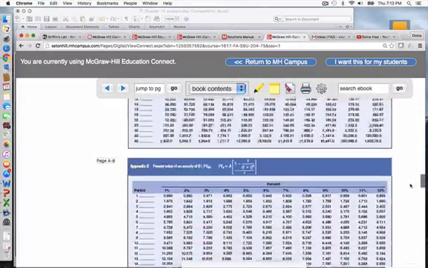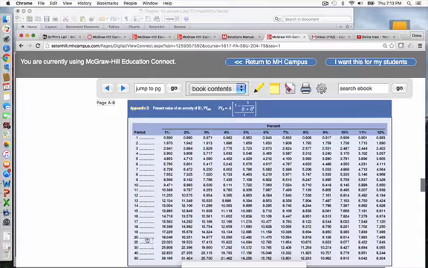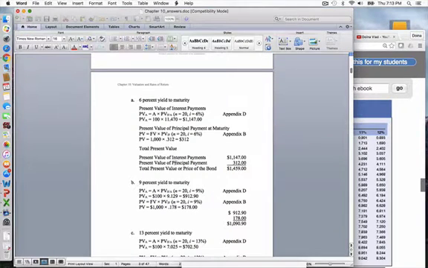Appendix D, N equals 20, interest rate 6%. That's going to be 11.470. 11.470 times 100 is 1,147.